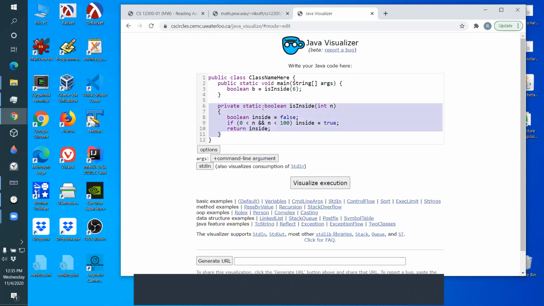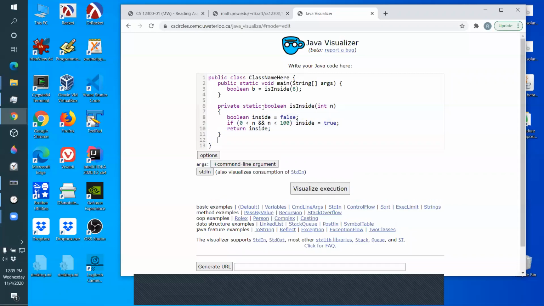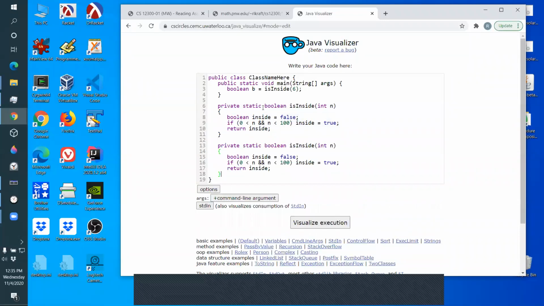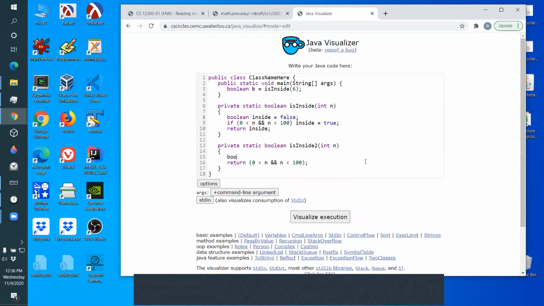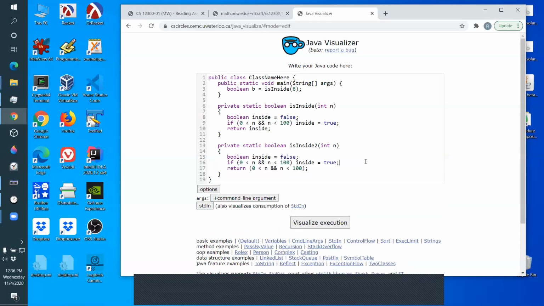I'm going to write it a second time, and I'll call it inside2 here for the second version. When this thing is true, I'm returning true. When this thing is false, I'm returning false. This thing is what I want to return, and I don't need any of the others.